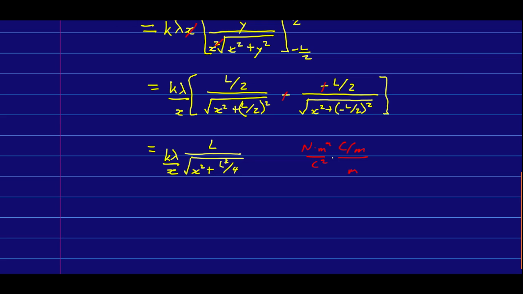And so coulombs takes out coulombs, meters takes out a meter, and a meter takes out a meter, and we get, as we ought to, newtons per coulomb, which is correct for an E field.